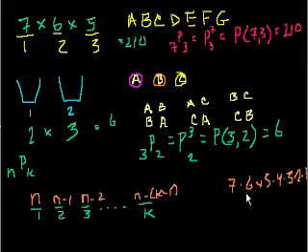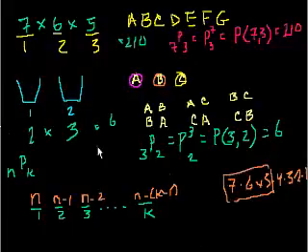But we only took the first 3 of the factorial. And similarly, 3 factorial, we only took the first 2 of it. So what we're saying here is we just take the first k of n factorial.